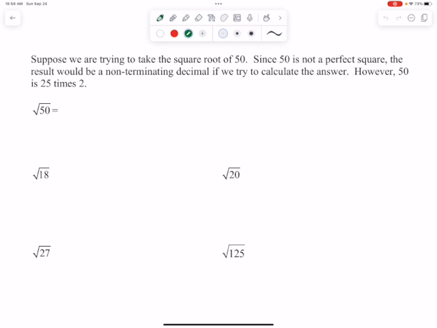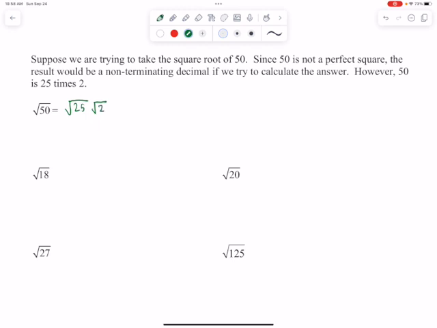For example, 50 is not a perfect square. There's not a natural number multiplied by itself that equals 50. However, we can take 50 and split it up into the square root of 25 and the square root of 2.